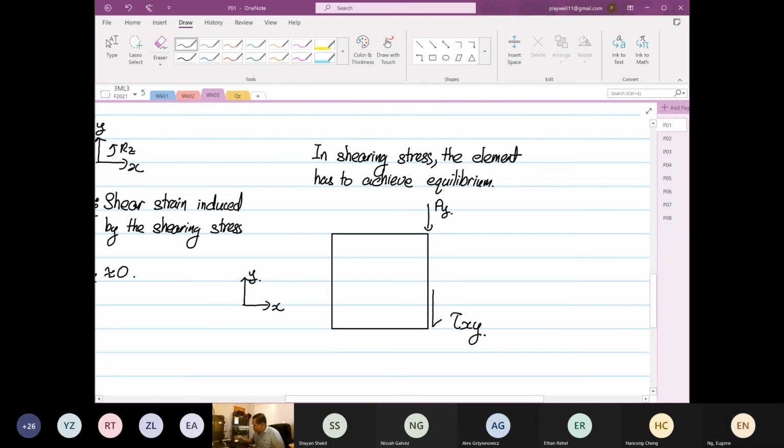Now with just one stress, the element will rotate. So we need something to counter, yes or no? To counter, we put another shear over here.